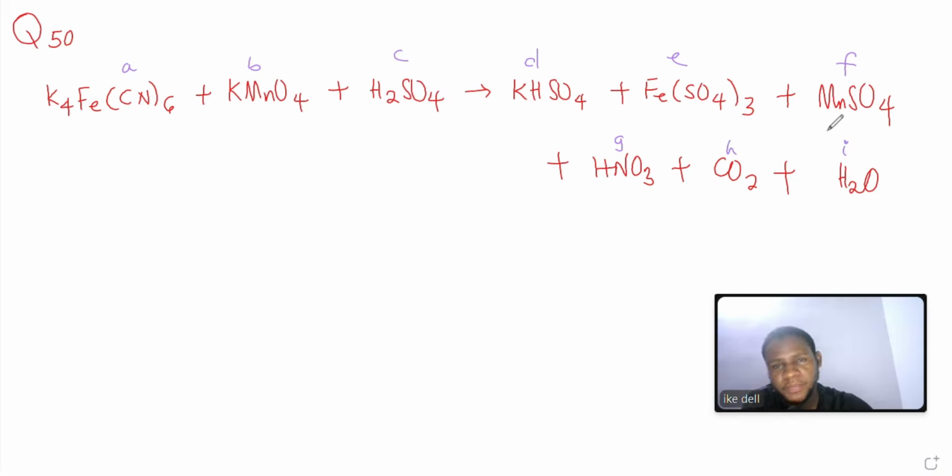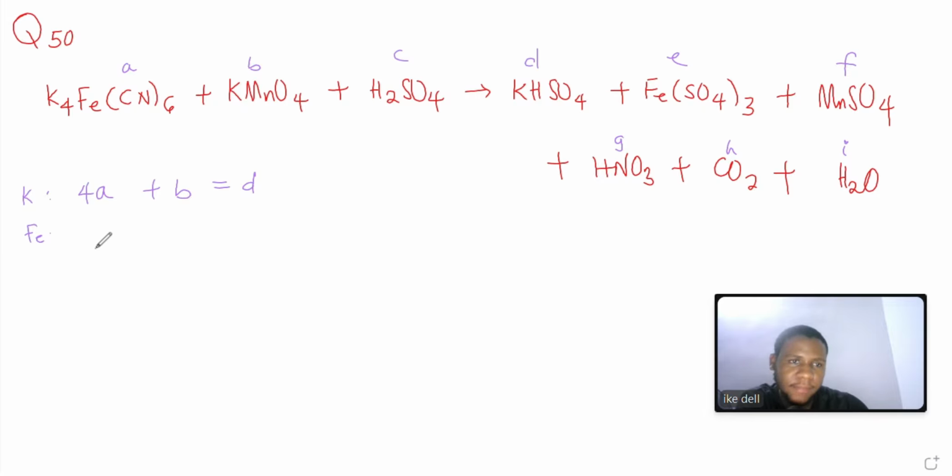Are you ready? So let's compare the potassium. We have 4A, because that's K4, right? So 4A plus B equals D. And let's compare iron.